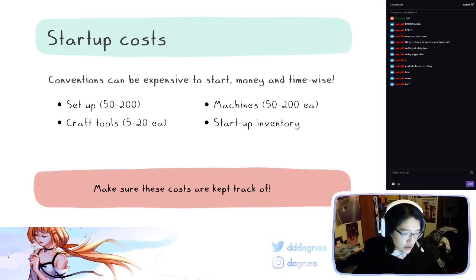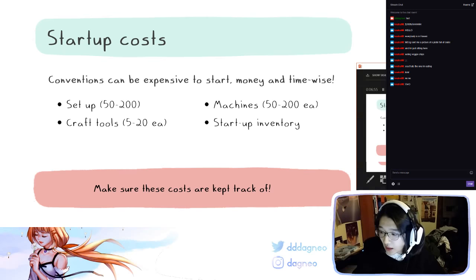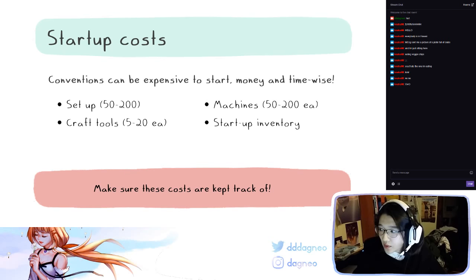So here I have some numbers that I personally dealt with when I was just starting out. Things like the setup, which we will talk a little bit about. This would be the stuff that you bring to a convention, the things that you put on your table to make your products look nice.